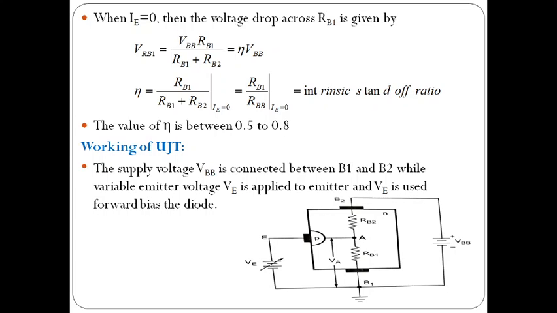One more battery is used to provide the VE voltage: the positive terminal of the battery is connected to the anode terminal of the diode and the negative terminal is connected to B1. When the diode is in conduction, then UJT is turned on. When the diode is in off state, then UJT is in off state.